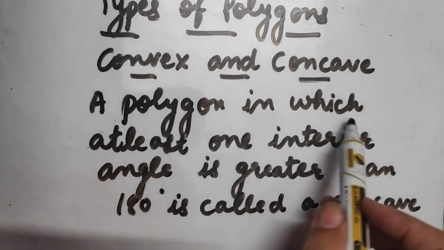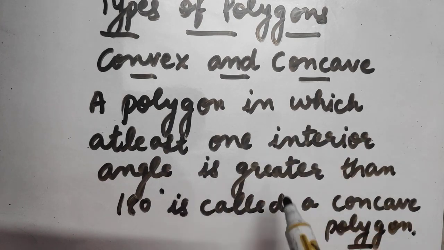So a polygon in which at least one interior angle is greater than 180 degree is called a concave polygon.